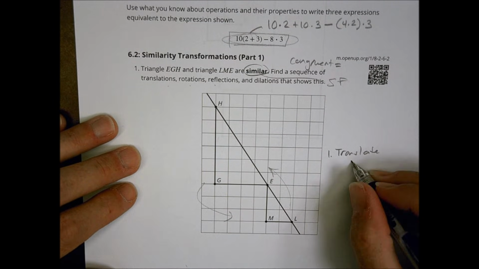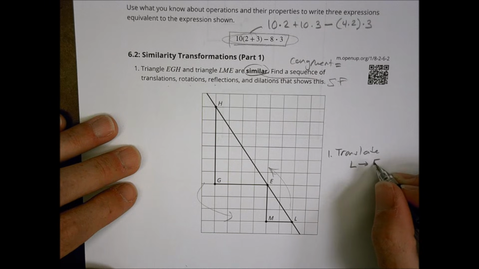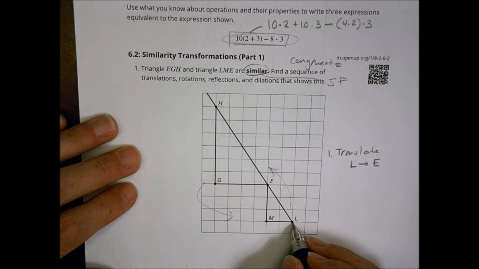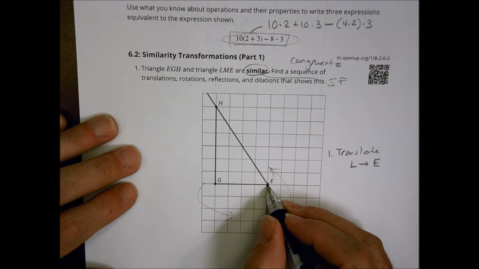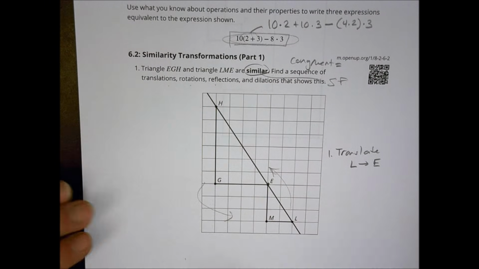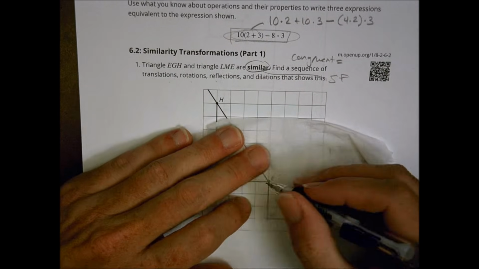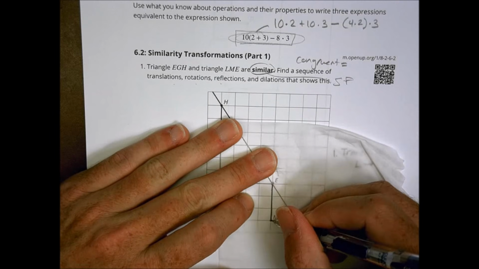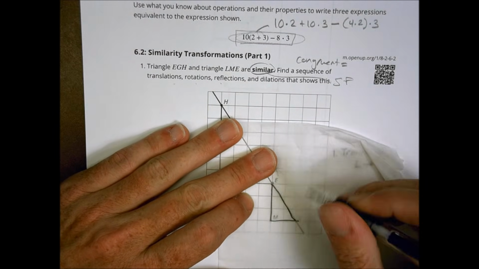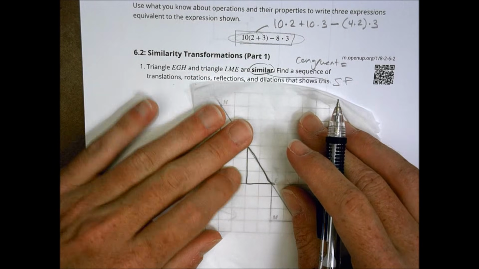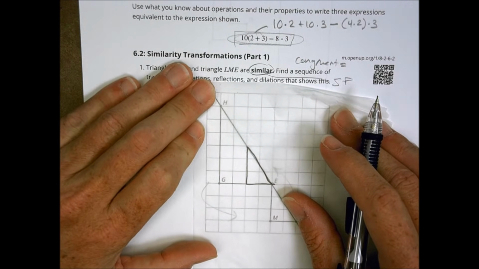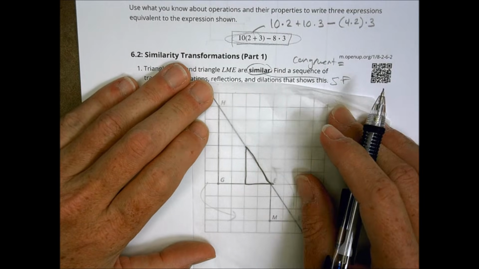I could translate point L all the way to point E. I could slide this one up to put it right there. If I shift the whole triangle up, my triangle lands on top of the larger triangle at that position.